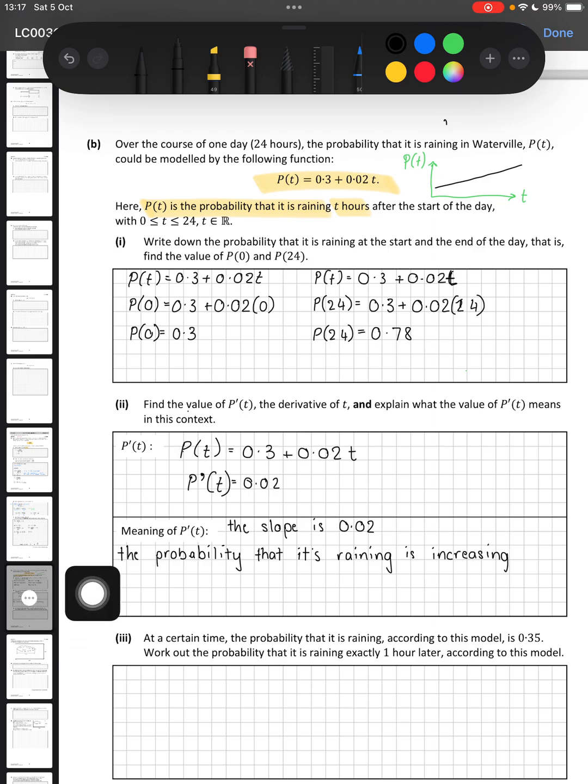And it's increasing by 0.02 for every hour that passes. Every time t goes up by one, the probability increases by 0.02. So not only do we know it's increasing, but it's increasing by 0.02 for every hour that passes.